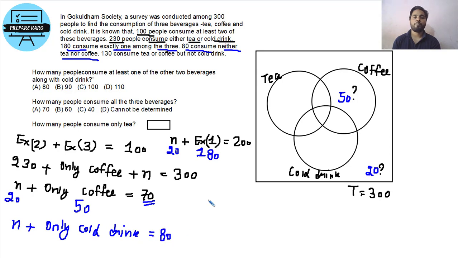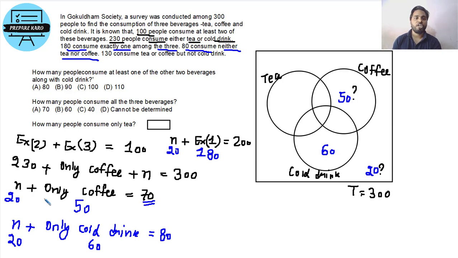Because these 80 people consume neither tea nor coffee. If we think of outside the circles tea, coffee, there will be only 2 regions left, only cold drink and none, right? So none plus only cold drink is 80 and we already know none is 20. That means only cold drink is 60.